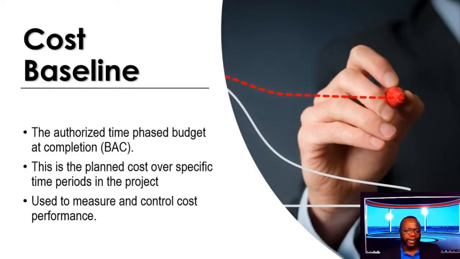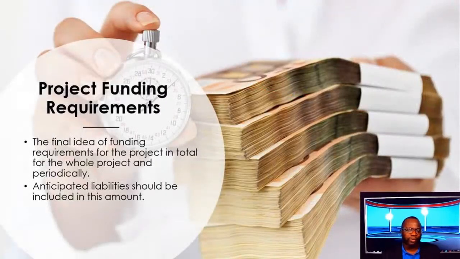So the cost baseline is the planned cost over specific time periods in the project. For you to really know what the cost baseline is, you're thinking about the time-phased budget at completion. Because if you don't phase out your budgets, your cost baseline or your BAC, how are you going to measure performance? Okay, so keep that in mind, very important.